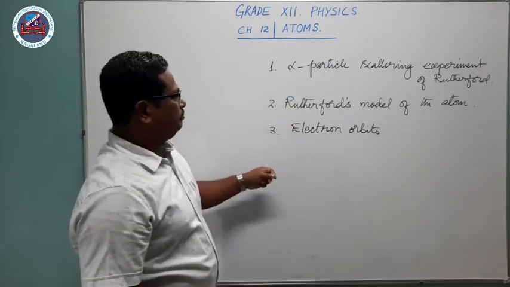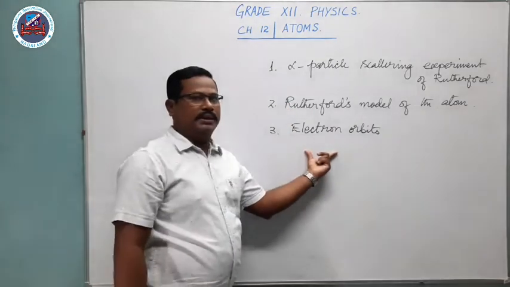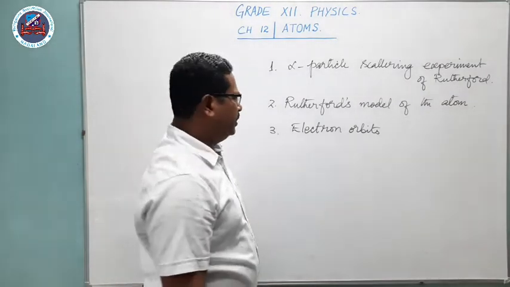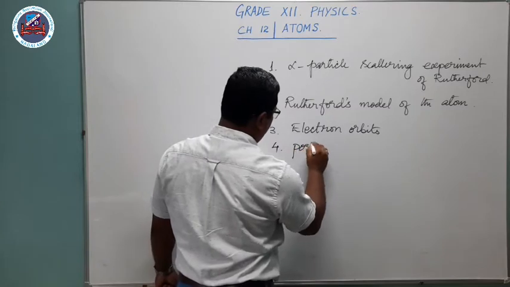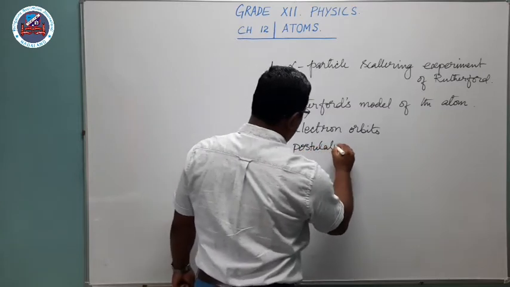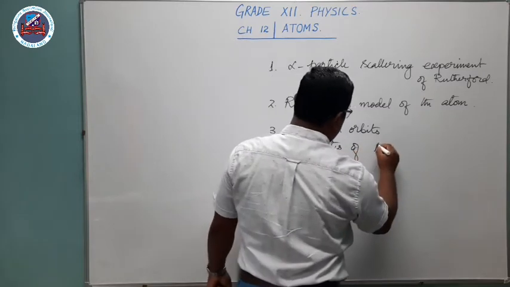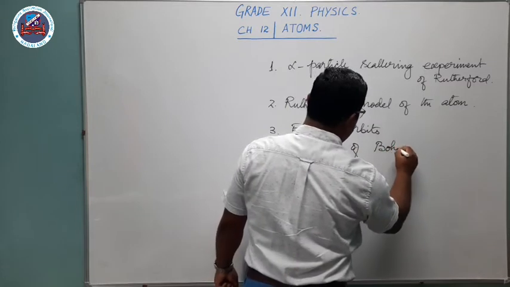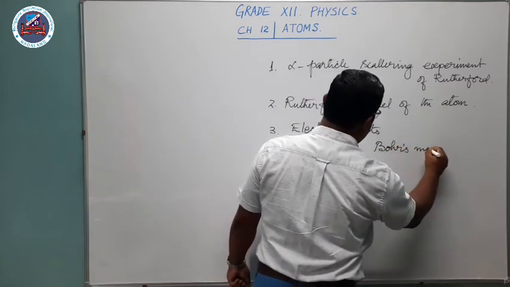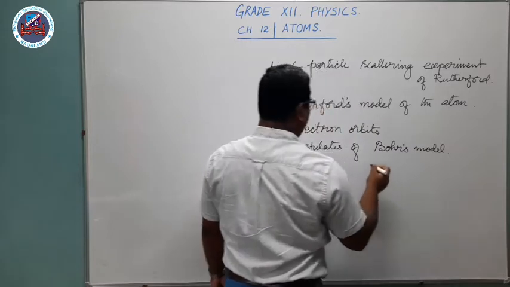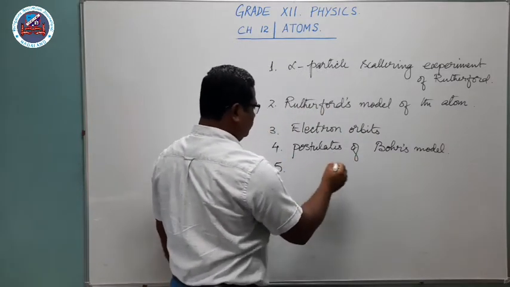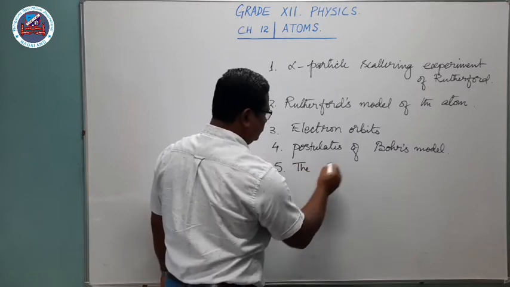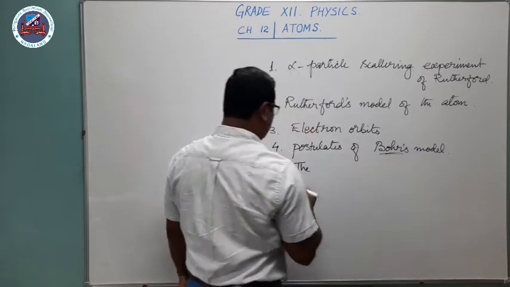After that, Niels Bohr in 1913 gave the structure of the atom, and we will study the basic postulates of Bohr's model of the atom. Then we'll study his theory of hydrogen-like atoms given by Niels Bohr.